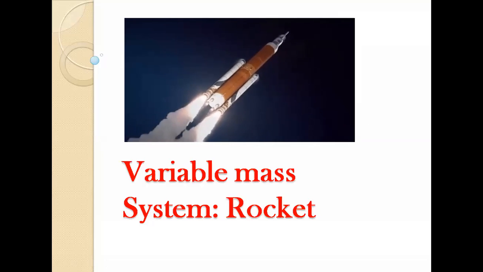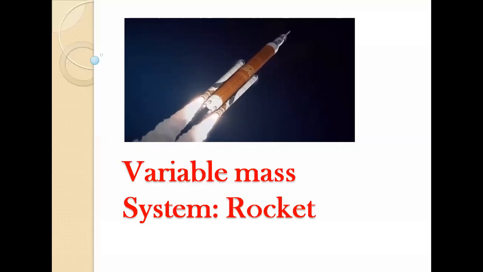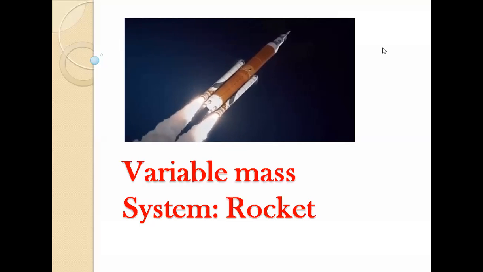If you push an object, it gets some velocity, so the object gets momentum. Momentum is mass times velocity. When the momentum changes with respect to time, we call it force.